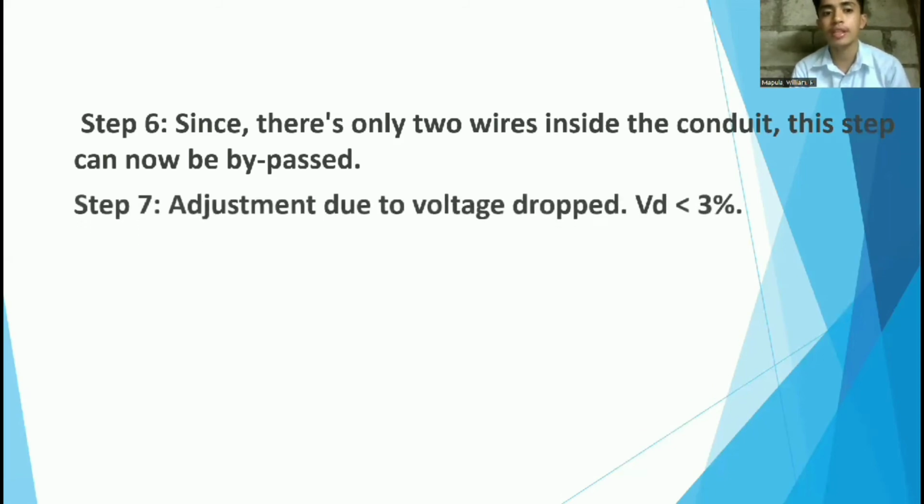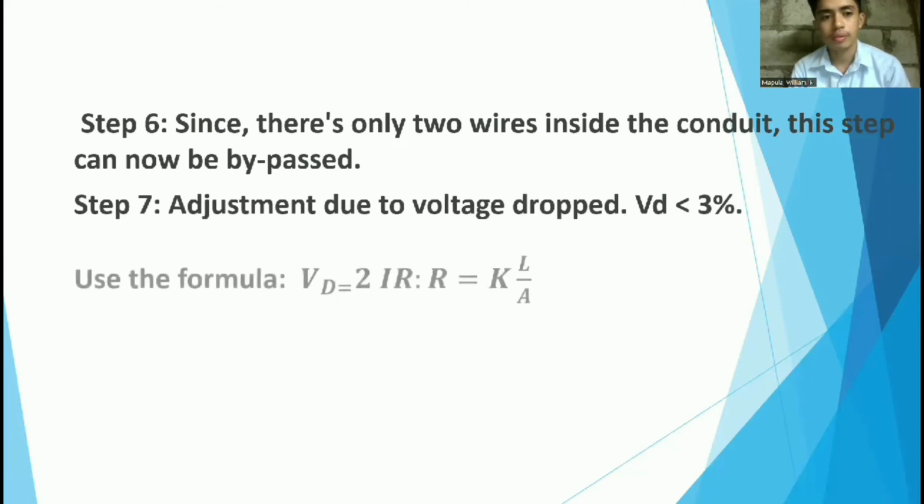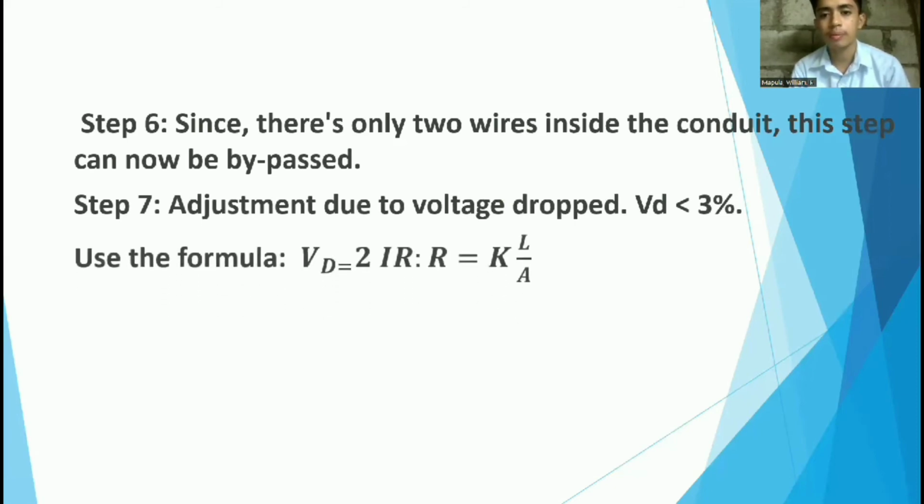Then step 7, adjustment due to voltage drop. Meron tayong formula na gagamitin. Voltage drop is equals to 2IR, where the value of R is equals to K constant times length divided by area.